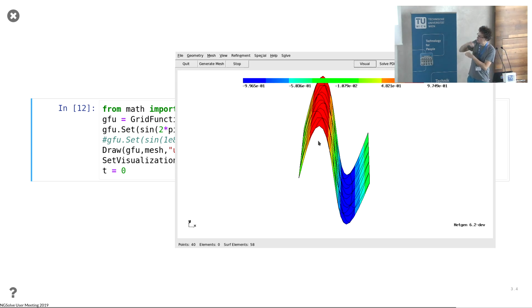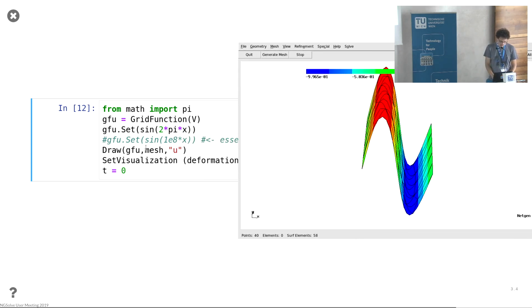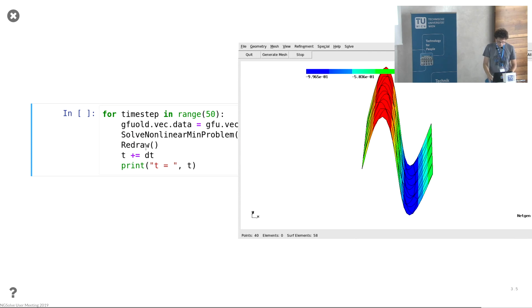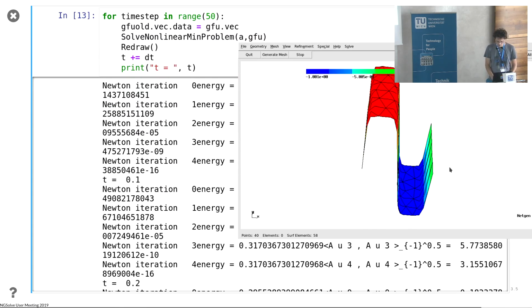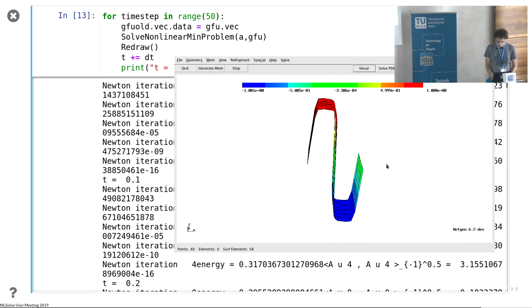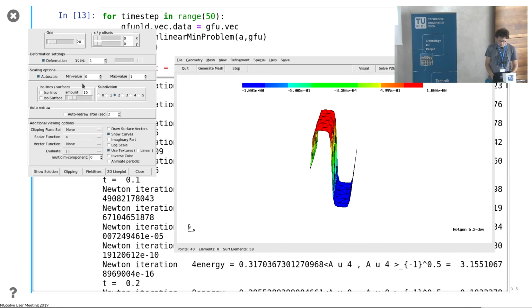And the transition between those values -1 and 1 should be relatively sharp, depending on the parameter that we have in the energy functional. Okay, and then we do this now for 50 time steps again, solving in each time step this nonlinear minimization problem. And what you get is this. The function takes values which are approximately 1 or minus 1 in this plateau region, and you have a steep gradient in between.